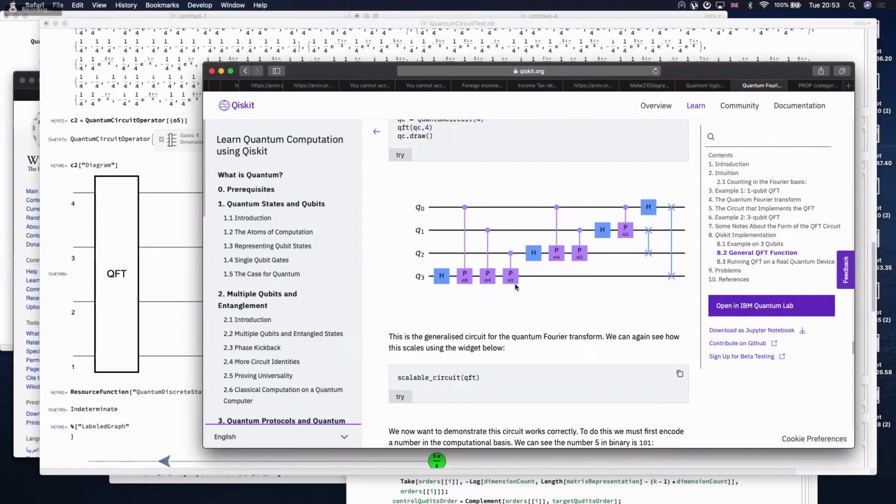Let's imagine we're doing 2 to the n, with n wires. Then in general our minimal phase change will be, let's say, pi over 2 to the n minus 1, for example. That's the minimum phase change.